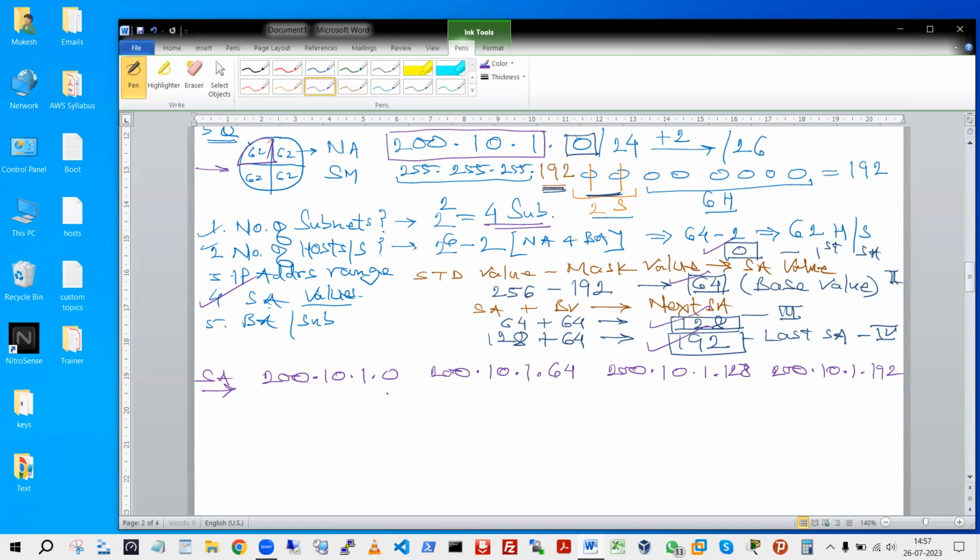Now the rest of the details are easy. हमें हर सबनेट पर देखना है IP address range क्या होगा और ब्रॉडकास्ट एड्रेस क्या होगा. IP address range का मतलब you will see what is the first IP, second, third, fourth, up to last. First IP to last IP.